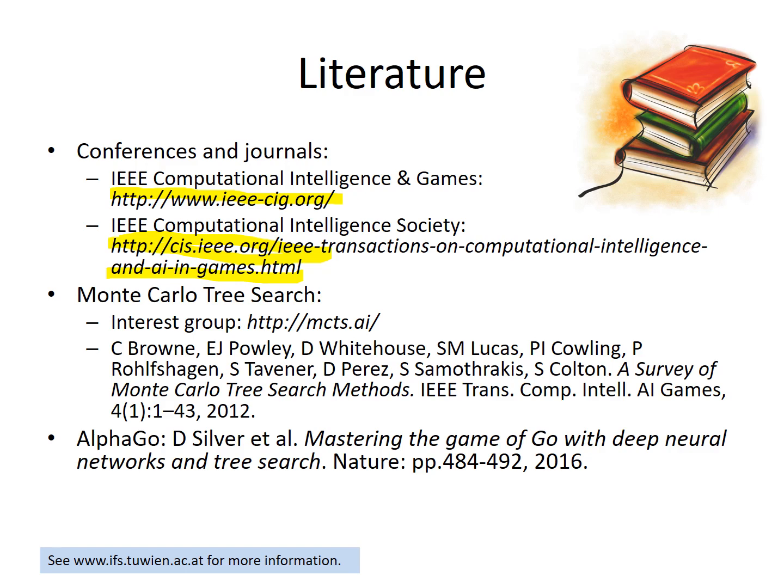The Monte Carlo search tree, the information was taken from this paper. It is one of the most important papers in the area, and they also have an interest group here, MCTS AI. If you're interested in AlphaGo, that was the original paper by Silver et al. in 2016. It's a very nice description, very easy to read, very, very interesting.